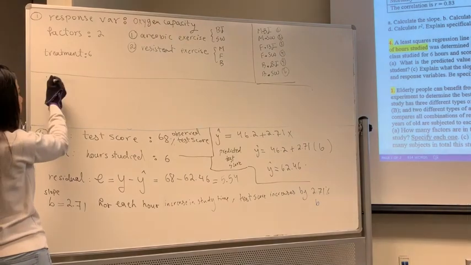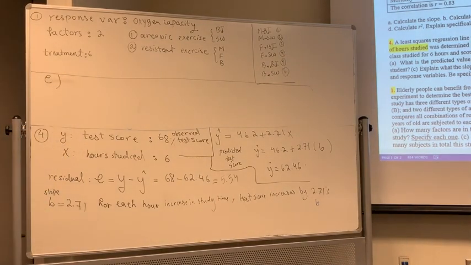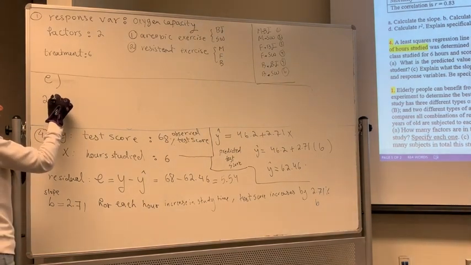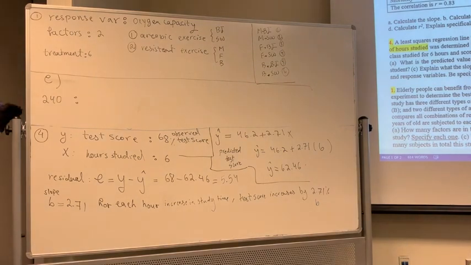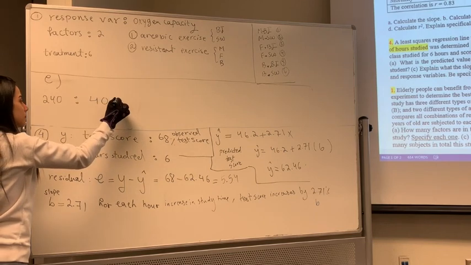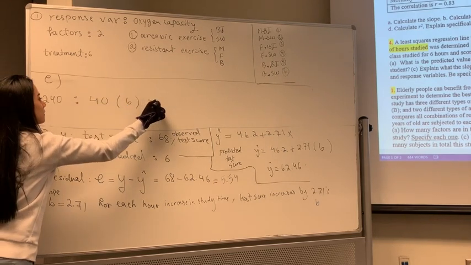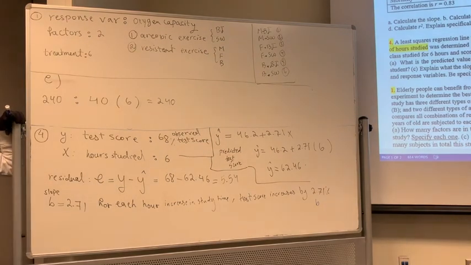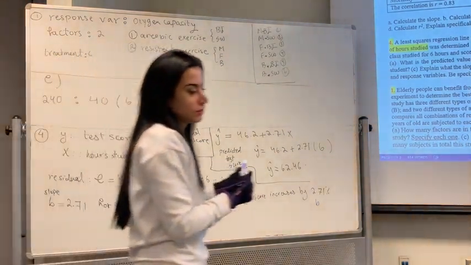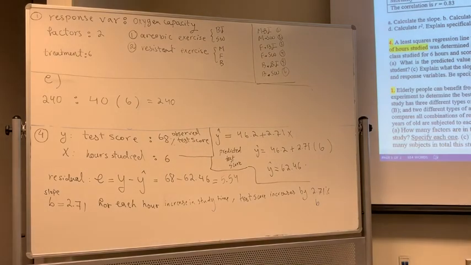It needs 40 subjects for each treatment, and there are 6 treatments, so 40 times 6. Correct? So they need this many subjects for this study, because they said we need 40 for each treatment.